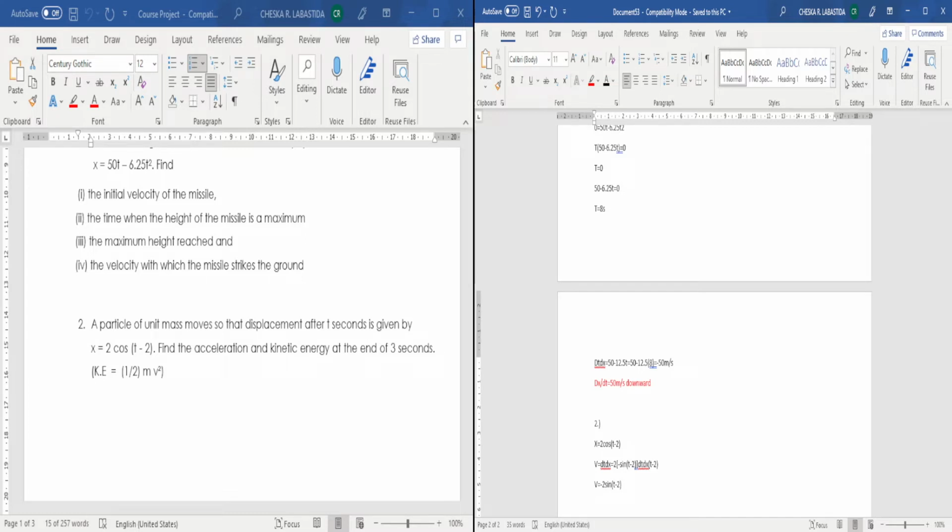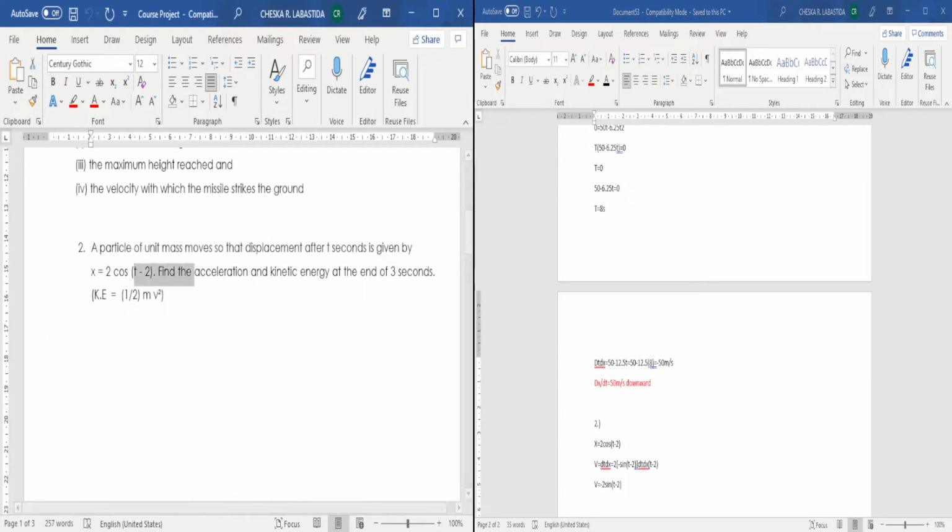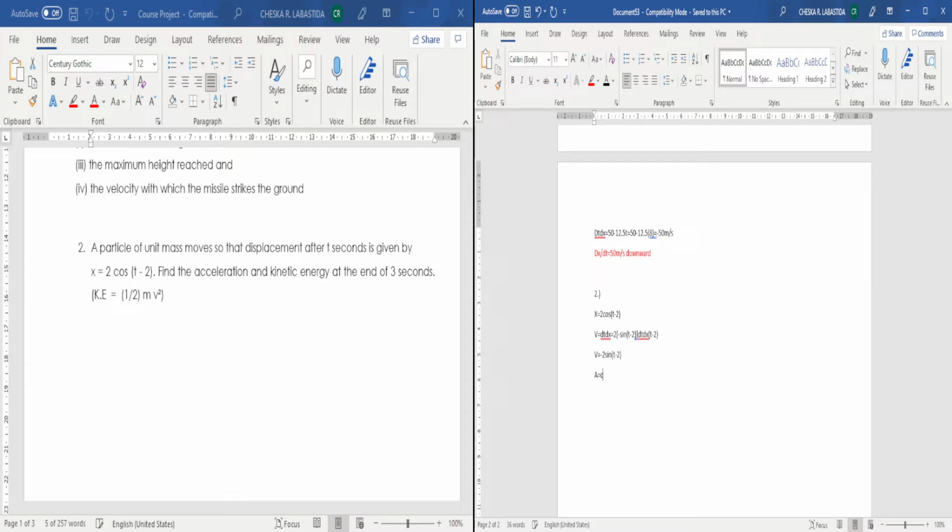The acceleration function is the derivative of the velocity function with respect to t. So a is equal to d/dt of dx/dt, which is equal to negative 2 cosine (t - 2). Okay, so there.